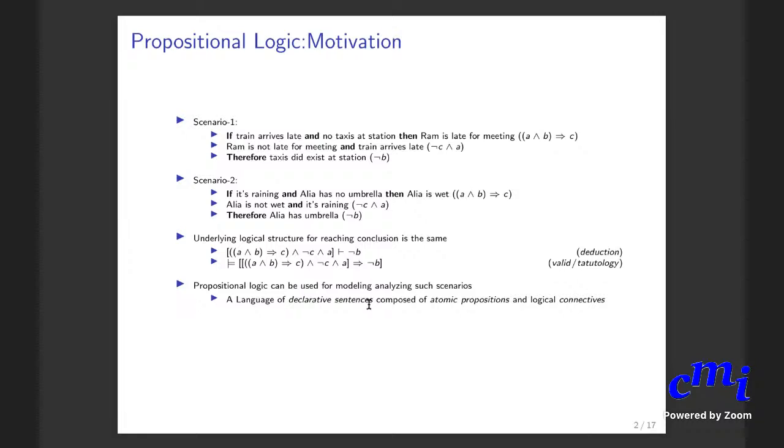What I mean by declarative sentences, things like "train arrives late" or "no taxis at station," statements, sentences that are either true or false, are called declarative sentences. And usually these are composed from atomic sentences or propositions using certain logical connectives.